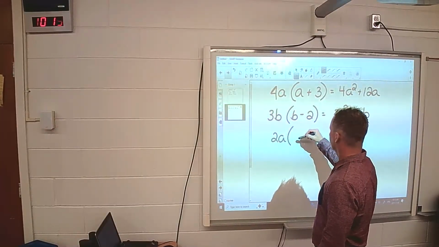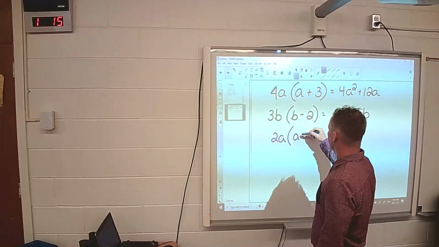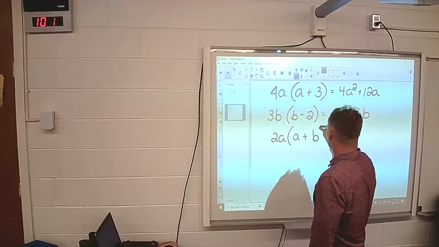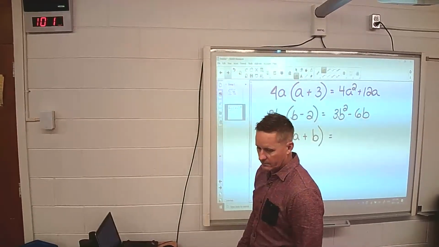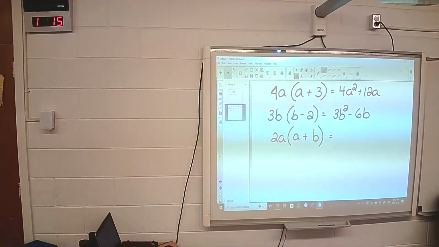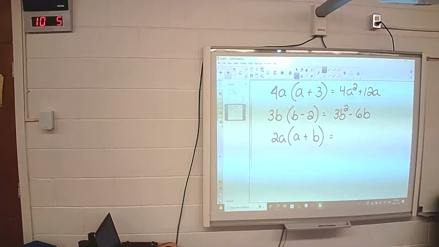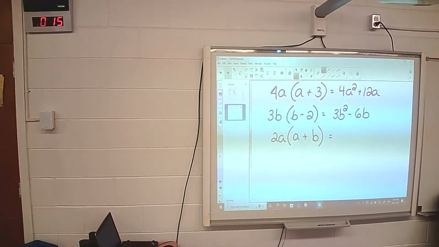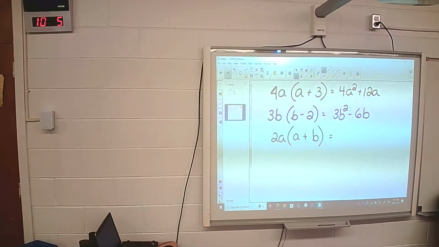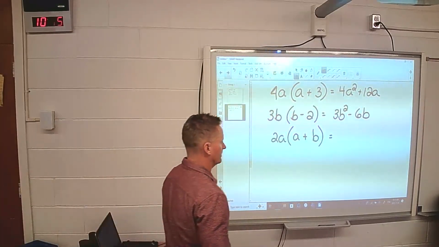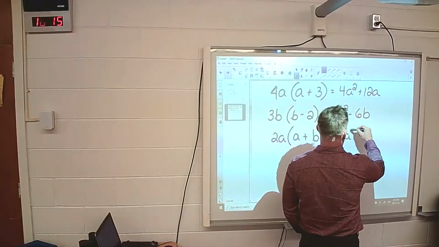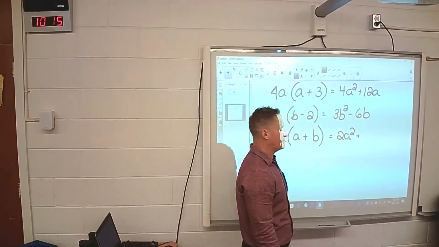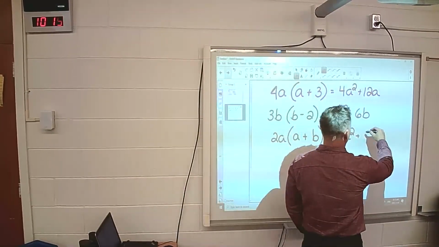Again, I'm going to keep making them a little bit more difficult. a squared plus 2ab. 2a times a is 2a squared. 2a times b is 2ab.